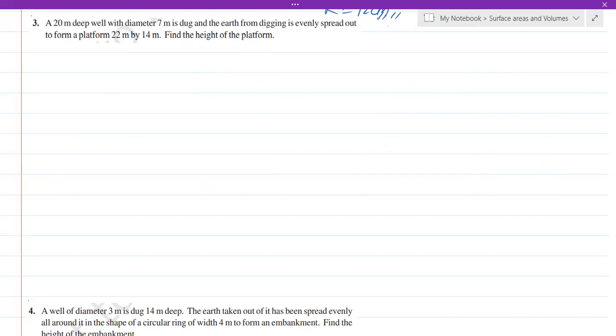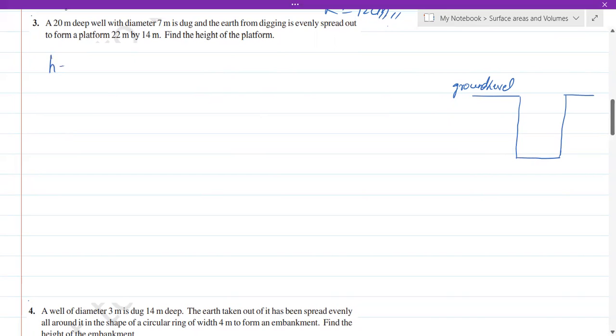Now let's say this is the ground level. Now we are gonna dig a well, something like this. So we have dug a well here. The dimensions of the well are given.